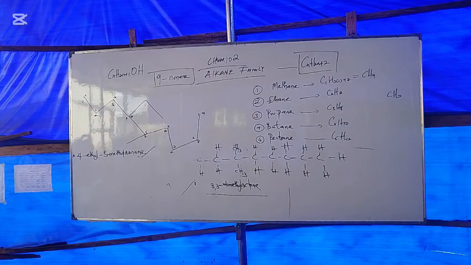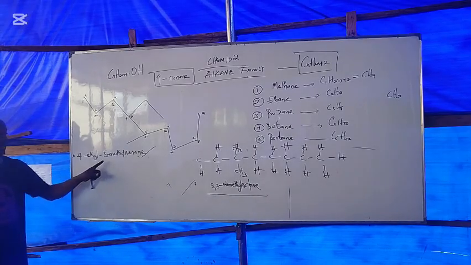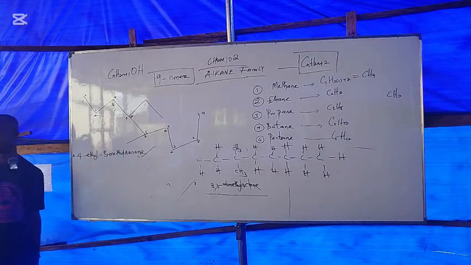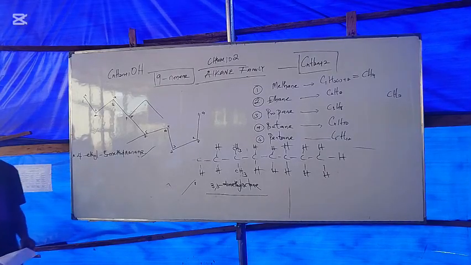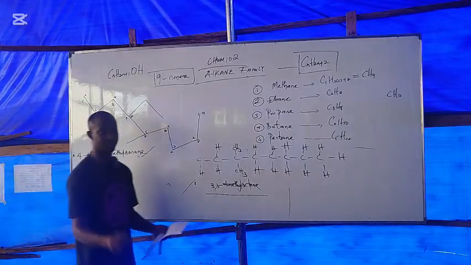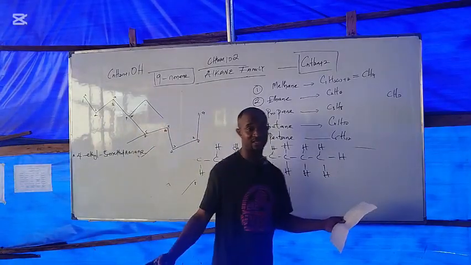No, it's 4 ethyl, 5 methyl, nonene. Not 4, 5 ethyl, methyl. You don't do it that way. We attach this 4 to ethyl, attach 5 to methyl, then the parent's name, nonene, right? Are you following? Hope you're enjoying the class.